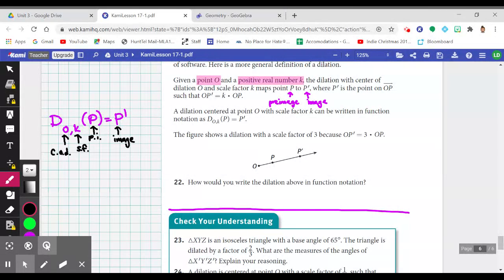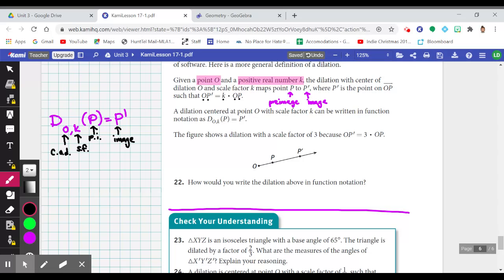P is our pre-image point to P prime, which is our image, where P prime is the point on ray OP such that the distance from O to P prime is the distance from O to P times the scale factor. Remember, we talked about how it's not just affecting the coordinates, it's affecting the distance. That's really what's going on here. The scale factor is not just changing coordinates, it's changing lengths.